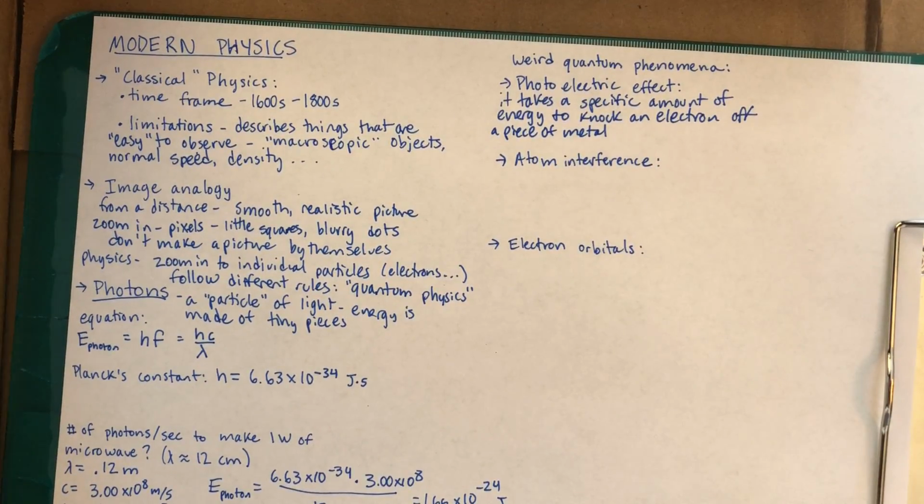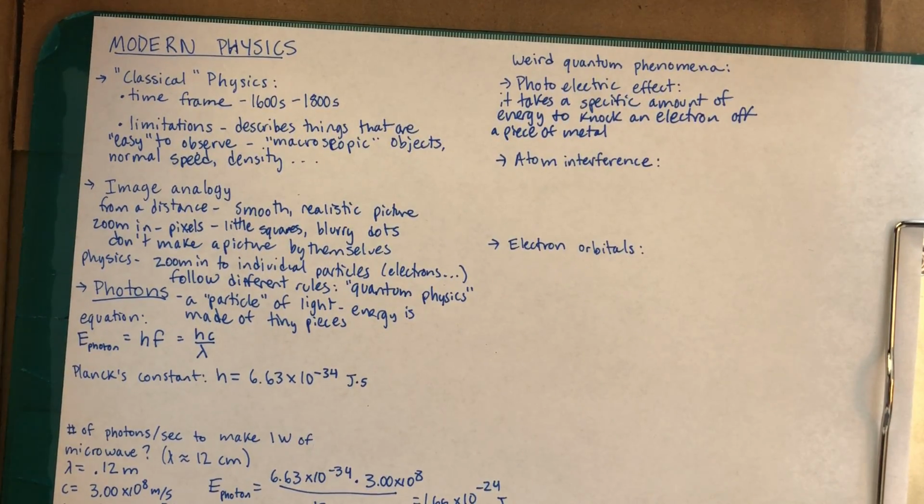And so the electron in the piece of metal is attracted to the positive nuclei in the atoms of that metal. And it takes a certain amount of energy to separate that electron and knock it off. And it turns out that because the electron is kind of its own tiny little piece, all of that energy needs to come from one photon.